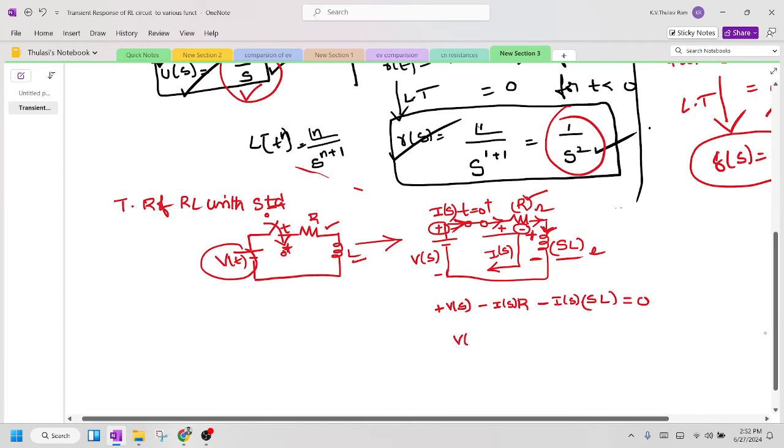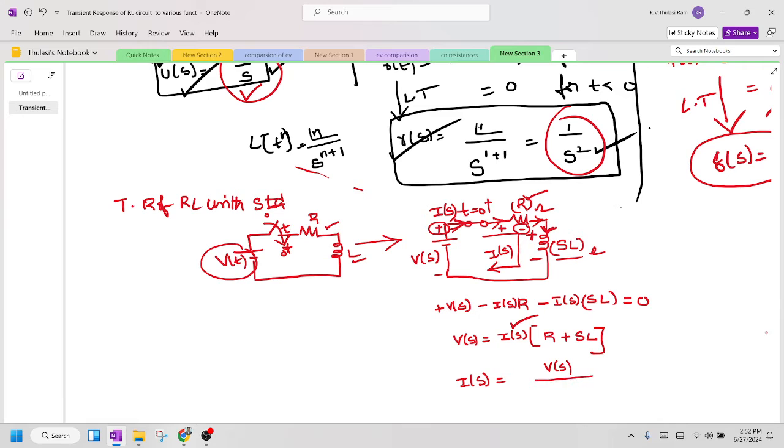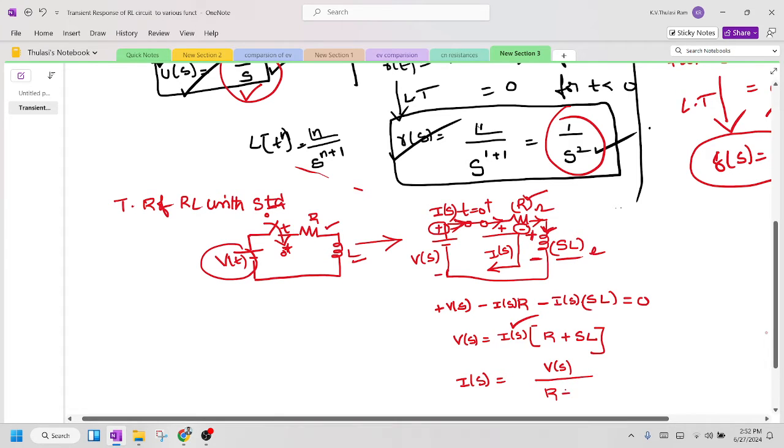Therefore V of S, taking I of S as common, is R plus S L. So I can write I of S is equal to V of S divided by R plus S L.